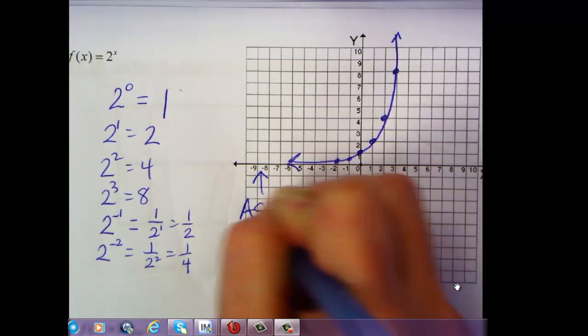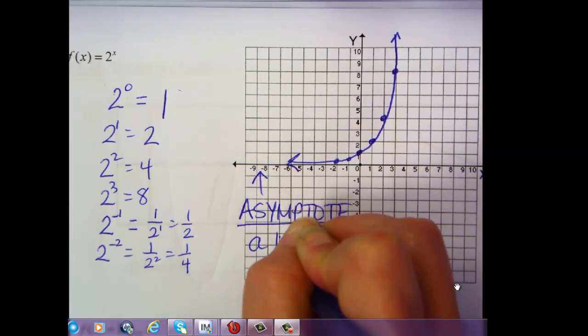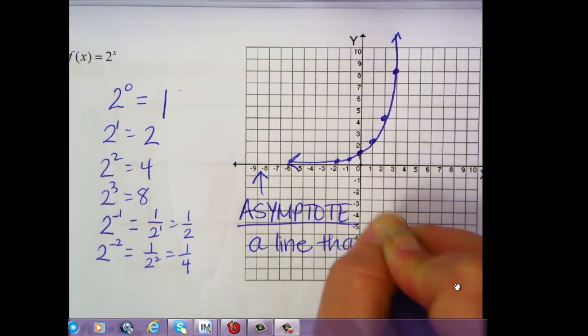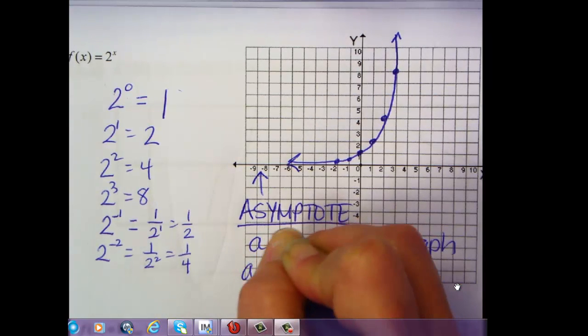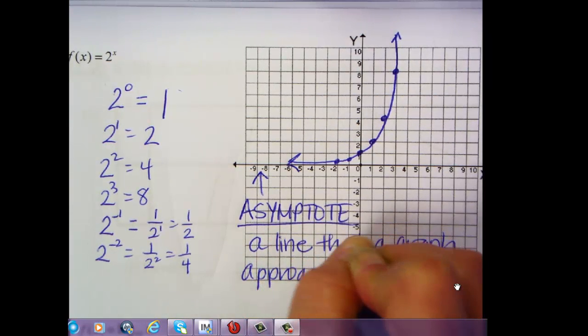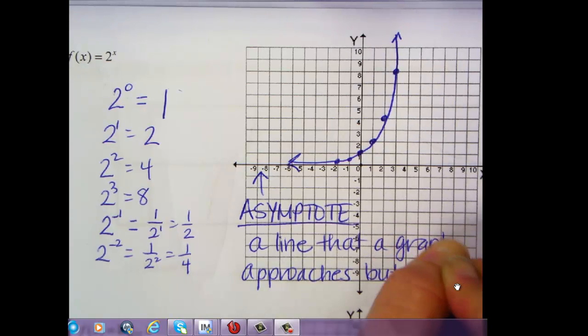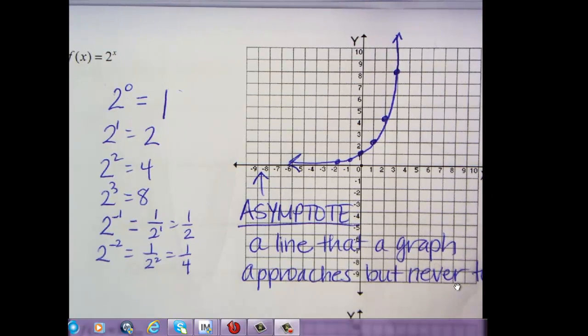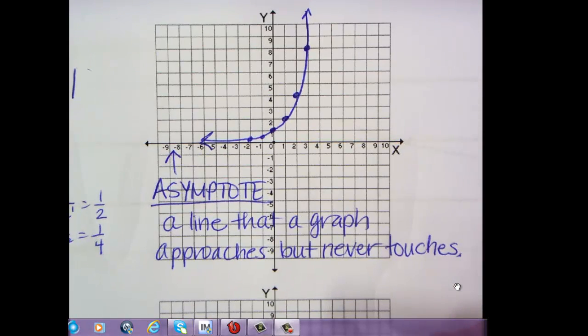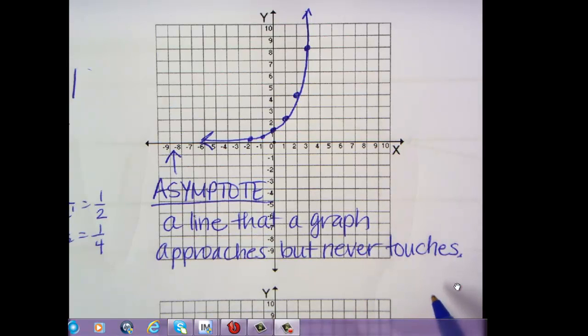An asymptote is a line that a graph approaches but never touches. It's not always the x-axis. We're going to see many different asymptotes as we go through the year and as you go through different math classes.